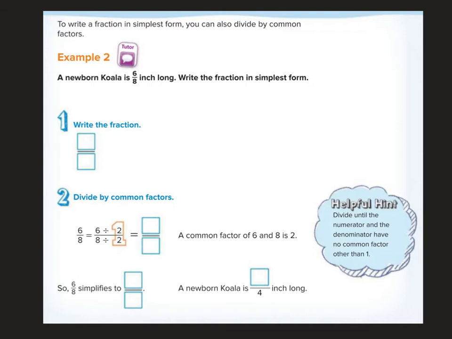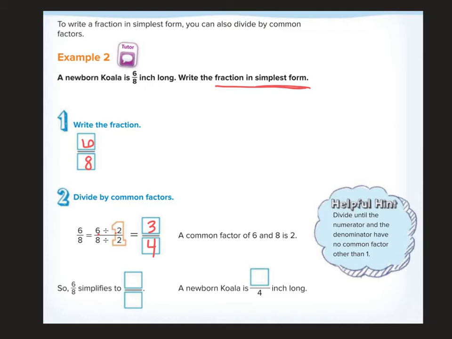So here we have 6/8, and we need to write it in simplest form. I know that 6 and 8 are both divisible, which means they can both be divided by 2. So if I do 6 divided by 2, I will get 3. If I do 8 divided by 2, I would get 4.